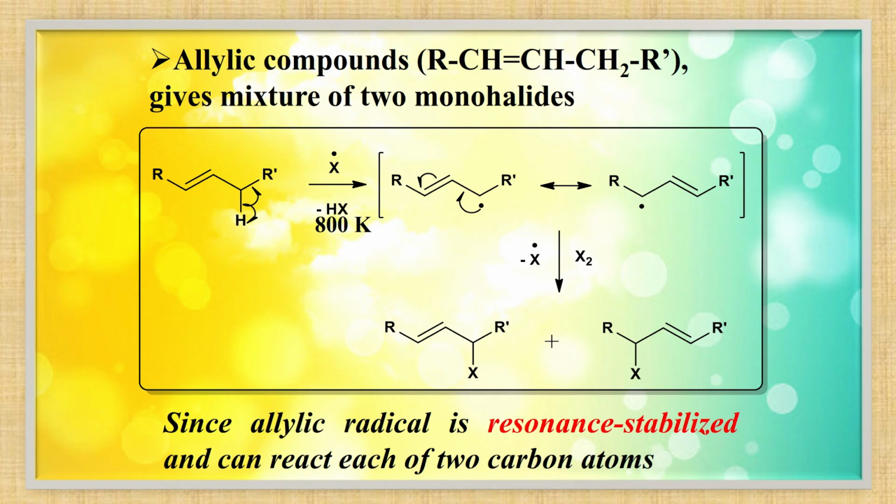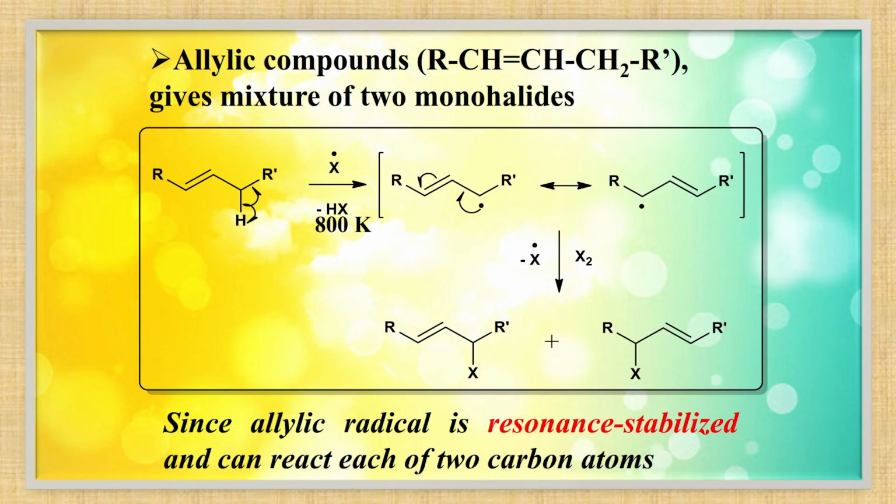So, you can see on the screen there are two resonating structures, and if the X dot free radical attacks, then you get two different types of allylic substituted haloalkane, meaning the halo group will attach to different positions, giving you two different isomeric compounds.